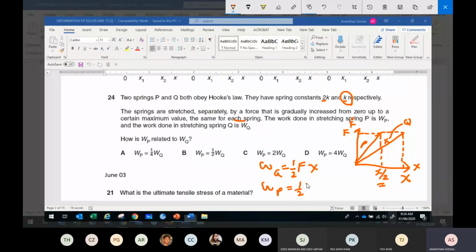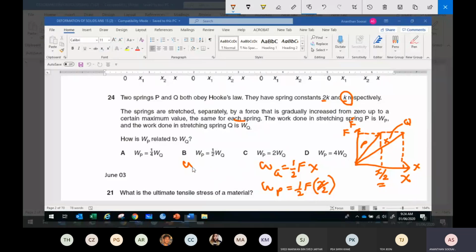Half F times X over 2. So how are these two related? Which has more energy, Q or P? Q has more energy, because half FX is greater than half FX over 2.